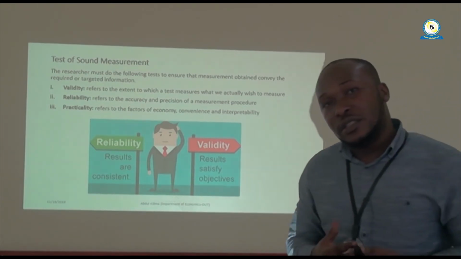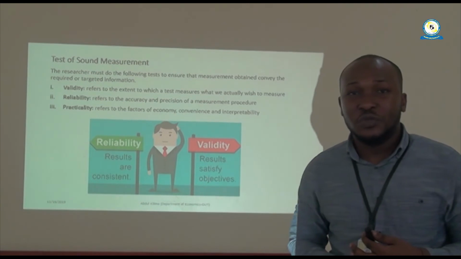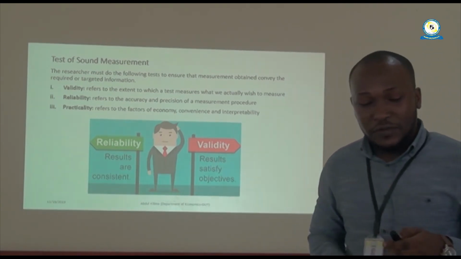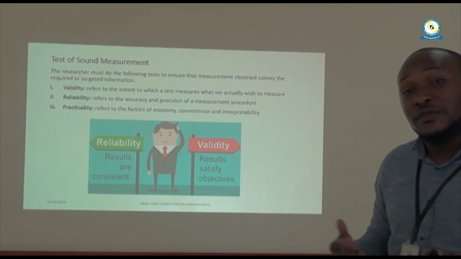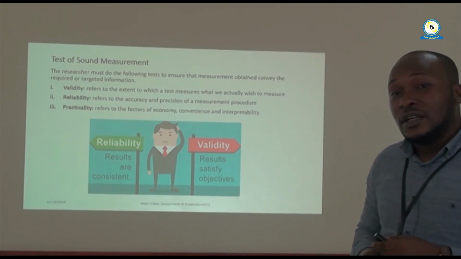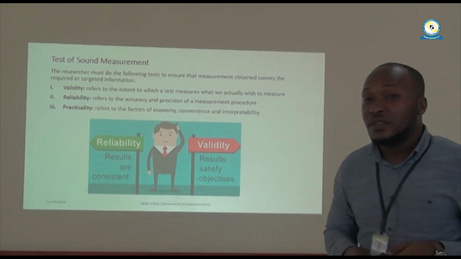Validity is whether what we have measured is what is required to be measured. Is the information we've collected valid information? Reliability is the accuracy and precision of the measurement procedure.